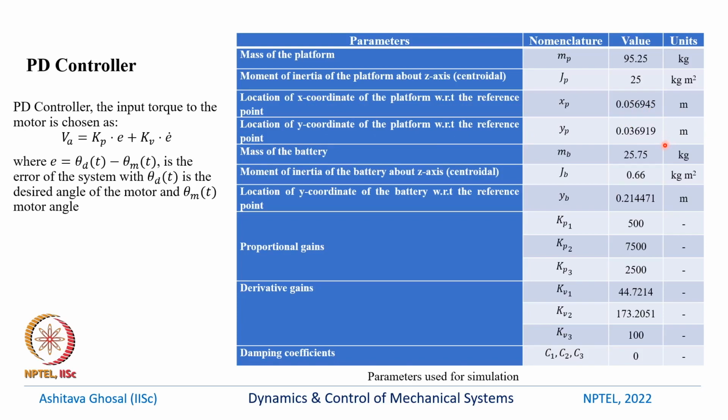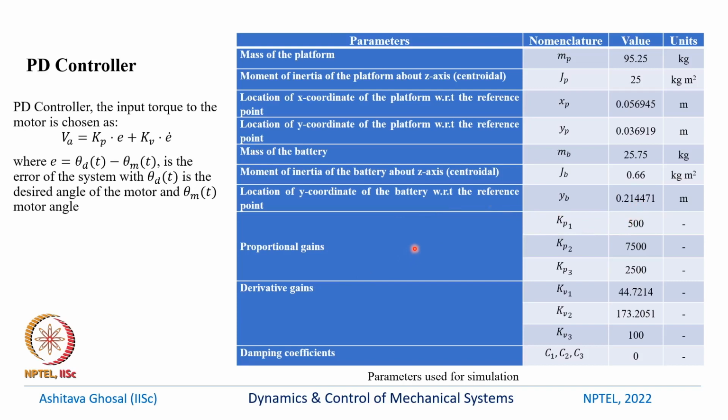The y coordinate is 0.0369 meters. The mass of the battery is assumed to be 25.75 kilograms. The centroidal moment of inertia of the battery about the z-axis is 0.66 kg meter square. The y coordinate of the battery with respect to the reference point is 0.2144.